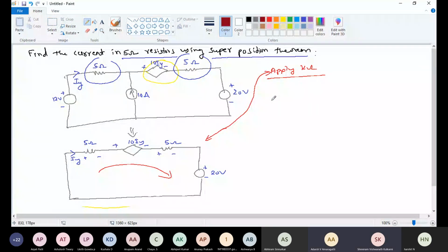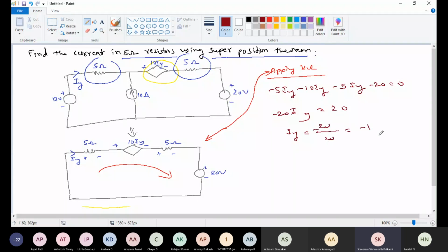Minus 5 IY minus 5 IY minus 10 IY minus 10 IY minus 5 IY minus 5 IY minus 20 equals to 0. Yeah, IY equals to, see, total 50 minus 20 IY, that is plus 20, IY equals to 20, that is minus 1, correct? Minus 1 ampere.